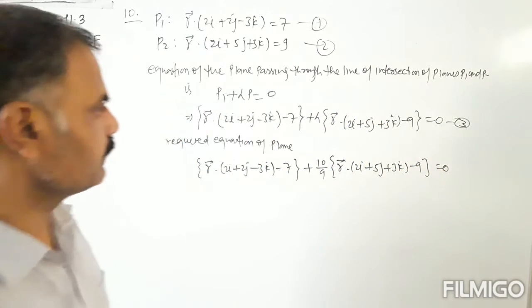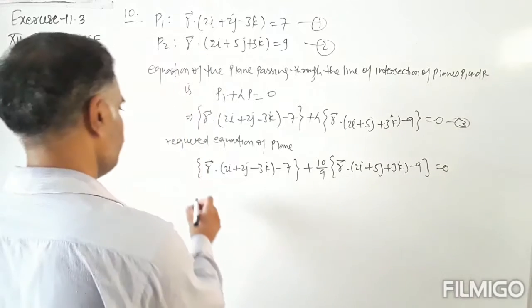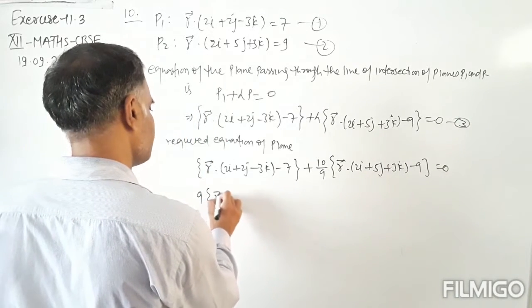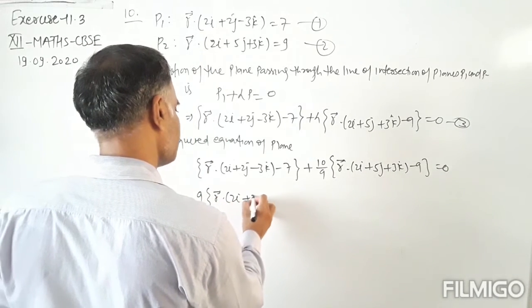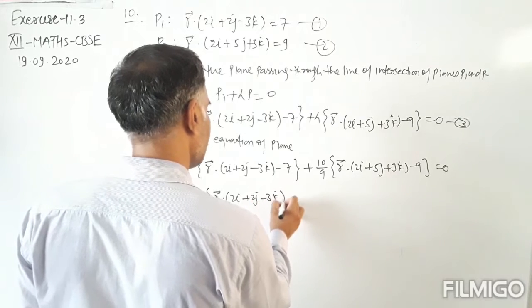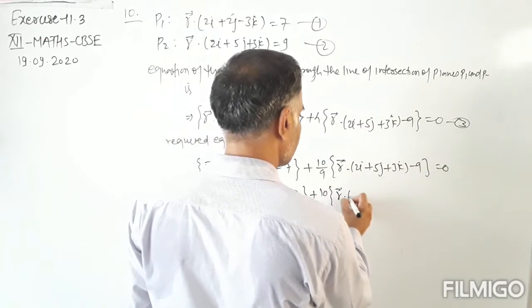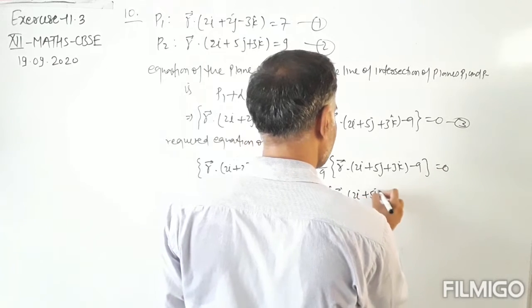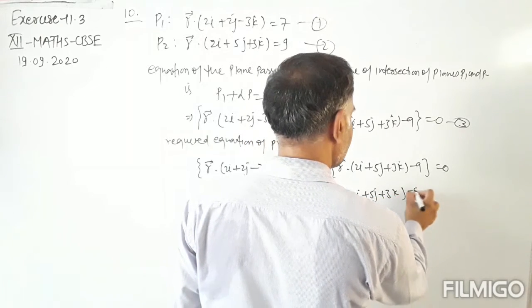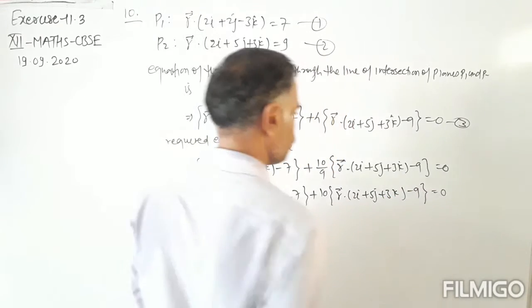Multiplying the whole equation by 9, we have 9 into [r vector dot (2i cap plus 2j cap minus 3k cap) minus 7] plus 10 into [r vector dot (2i cap plus 5j cap plus 3k cap) minus 9] equals 0.